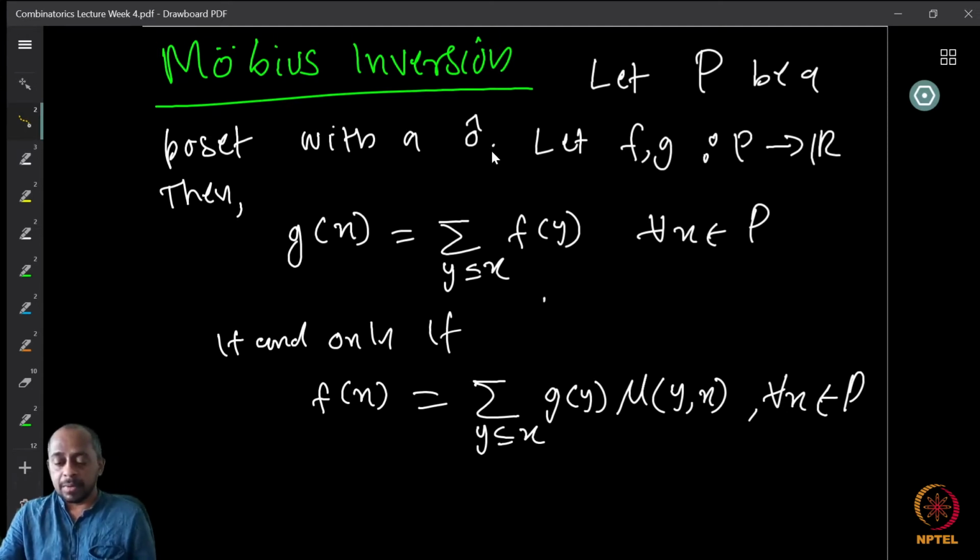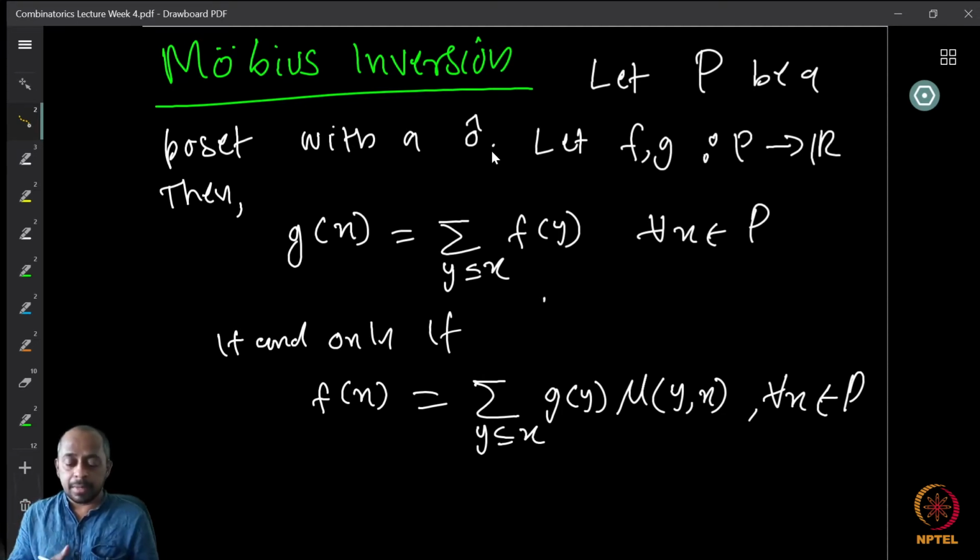So what is a principal order ideal? I'm not going to write the definition, but to be brief, if you take an element, all elements which are less than or equal to it must also be in the ideal. That's an order ideal, and a principal order ideal is the order ideal generated by a single element.